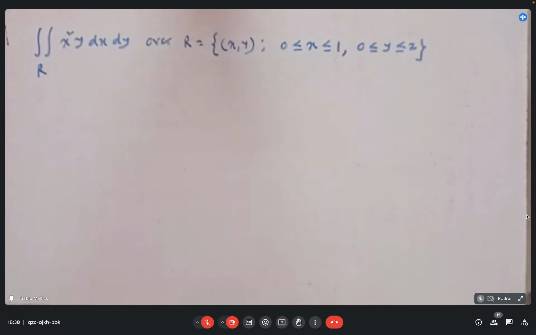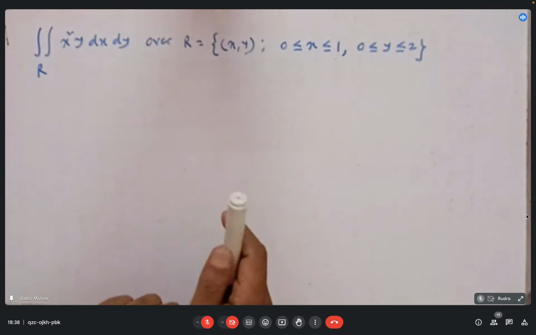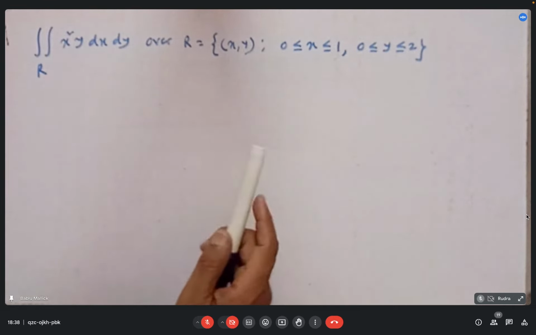So we can write it in this way. Write the solution first.